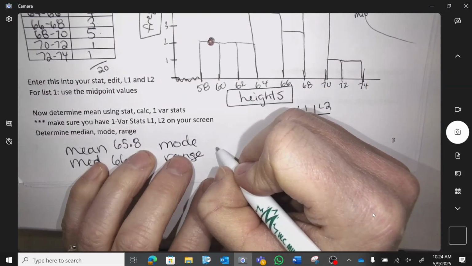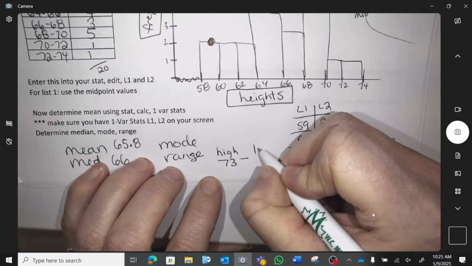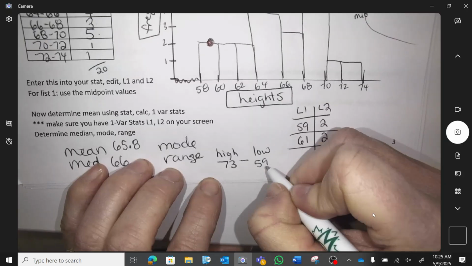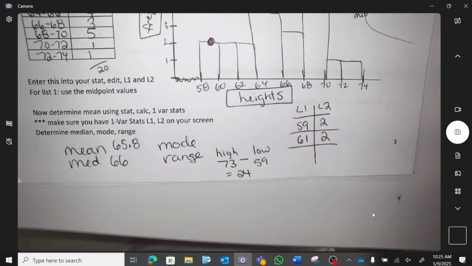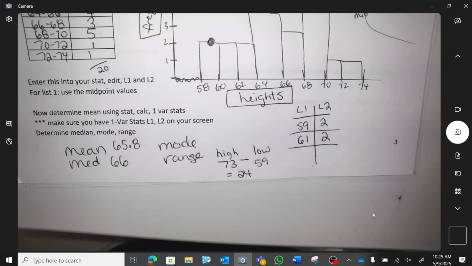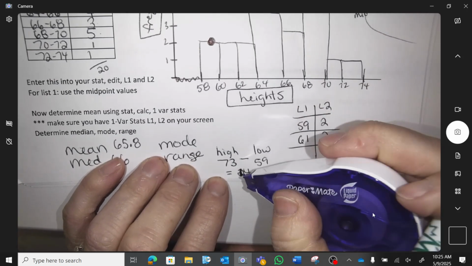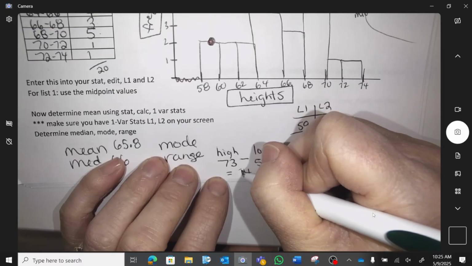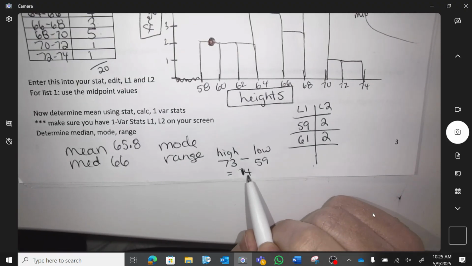So there's 14 inches of spread between my data. I said 24 at first, but then I changed it to 14. That would make more sense, because 24 would be a 2-foot difference in people's heights.